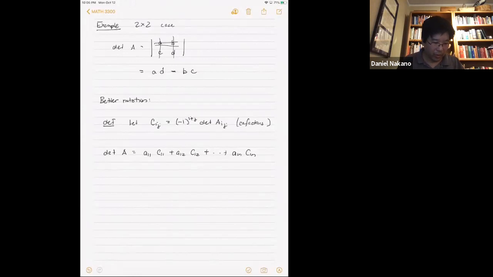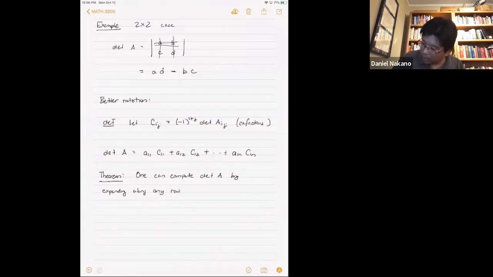Okay, so here's the theorem. The theorem says that one can compute the determinant of A by expanding along any row or column.